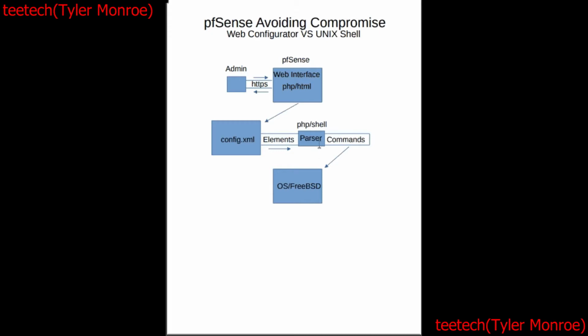And what they do is they abstract things like that LAN IP address or that firewall rule or the username, and they turn it into commands, and they pass pieces like the LAN address into, for instance, the ifconfig command to put that IP on the interface.